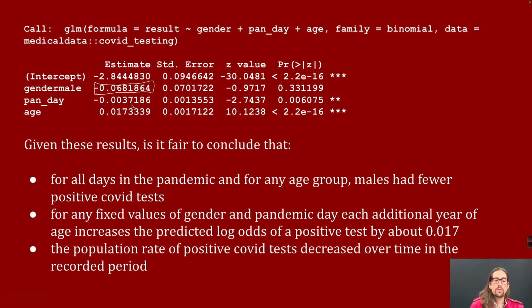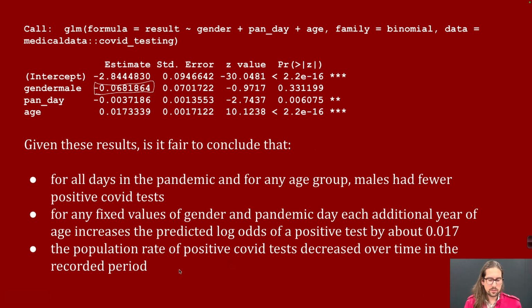And it could very well be that for many age and gender groups, or for the population as a whole, the rate of positive COVID tests is increasing, even though from the model's perspective, for any given subpopulation, it's decreasing. So if you remember, we talked about Simpson's paradox. That could be going on here.